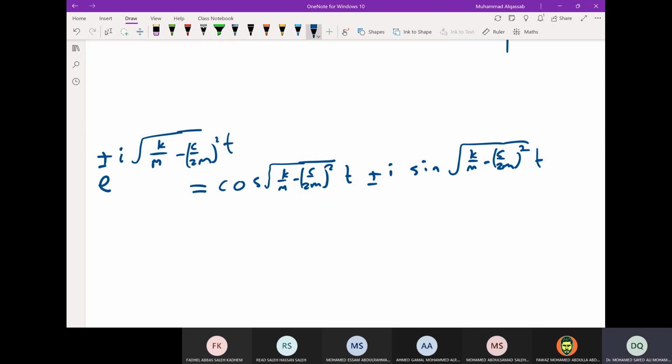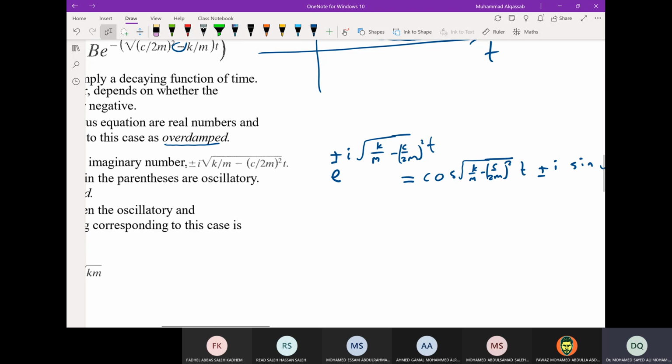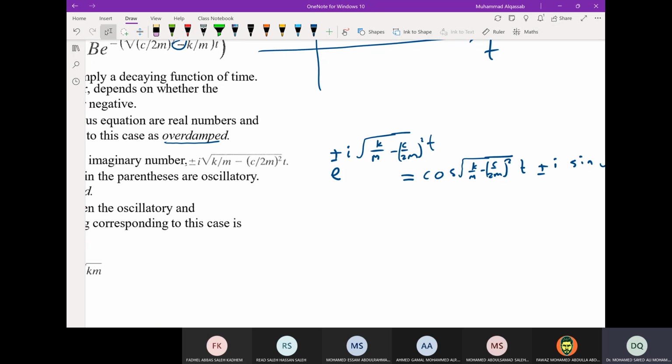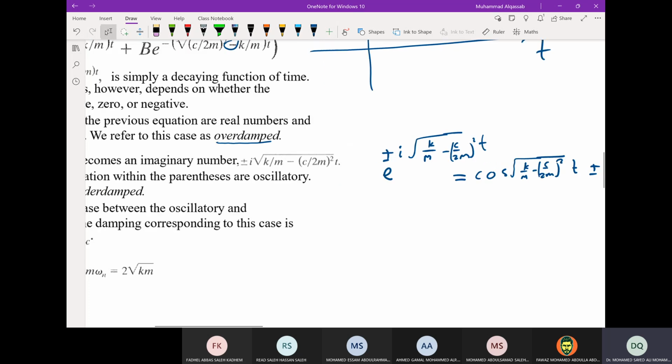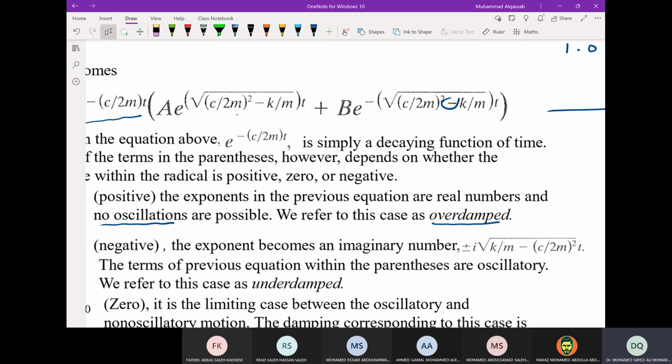Okay, so this is using the Euler equation. The exponential functions between the parentheses are reducing to sine and cosine terms. Each exponential function inside the parentheses will give you sine and cosine terms. Then you can add the sine terms together and the cosine terms together.